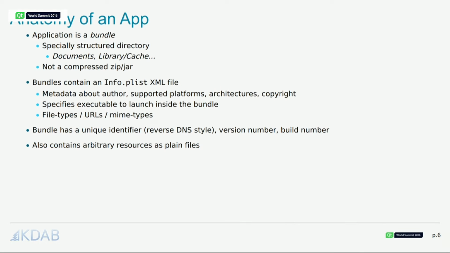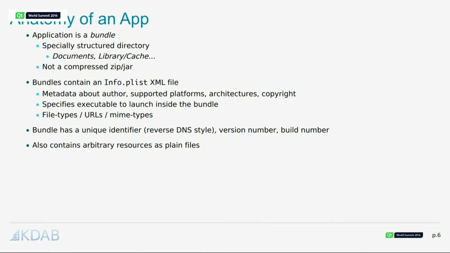And then there's a library folder in there. There's a specific folder called library cache in which you should write all the cache files that you might want to generate, things you download and want to keep locally. You just need to expect the operating system to delete those files if it needs the room. So you can't rely on those files always being there the next time your application starts up.